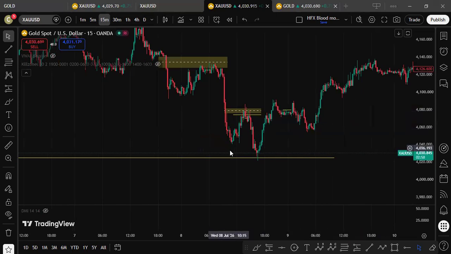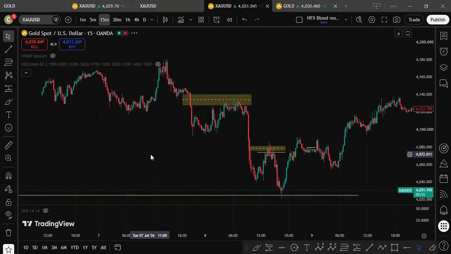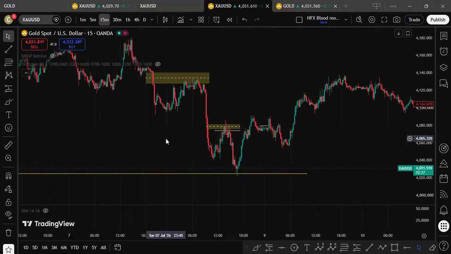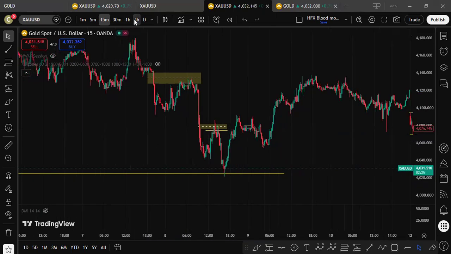The market sold, and you can see the downtrend is very clear. When can I tell that this trend has shifted? When this high here was taken out, it switched from a downtrend to an uptrend. This is when I can mark this zone as my swing low from my 4 hour time frame.